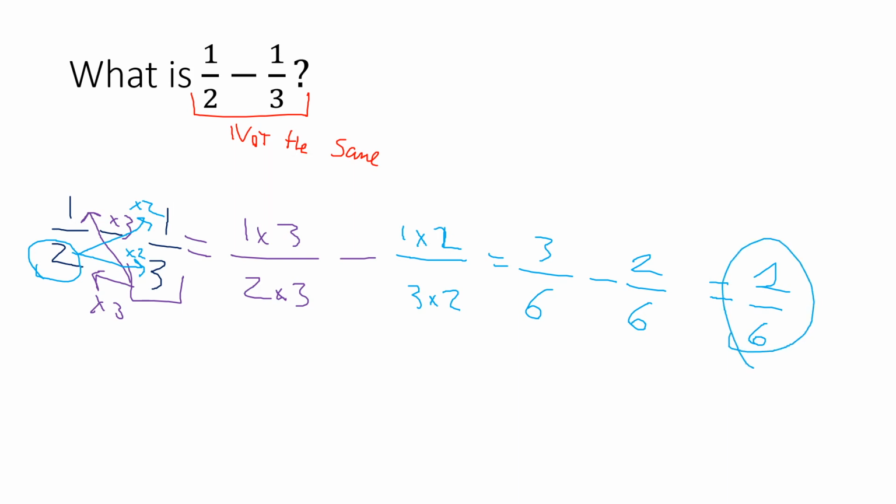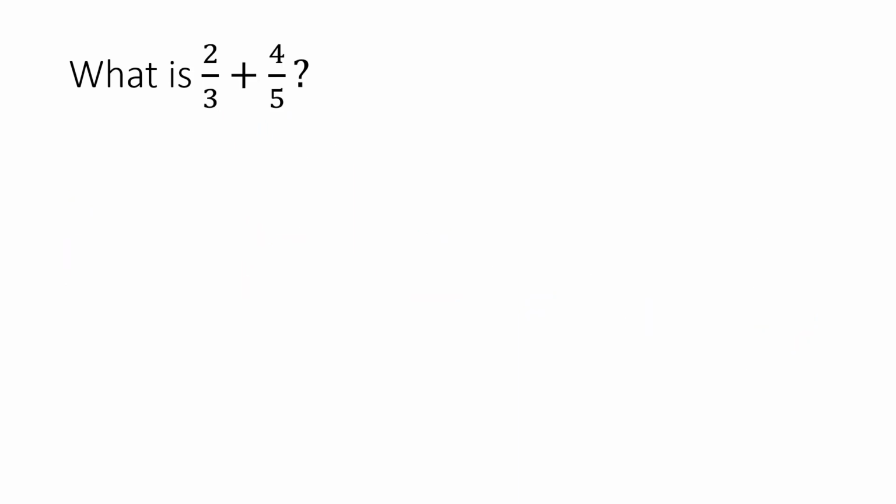And it's the exact same thing if we have something like this, where we have not 1 on the top. So again, what did we say about the denominator? It's not the same.